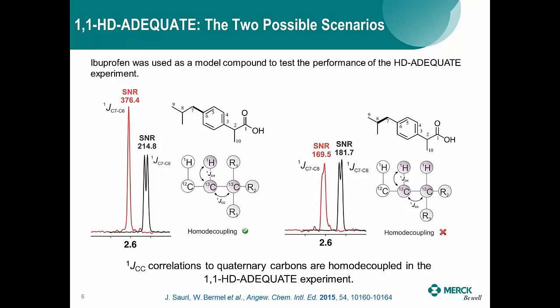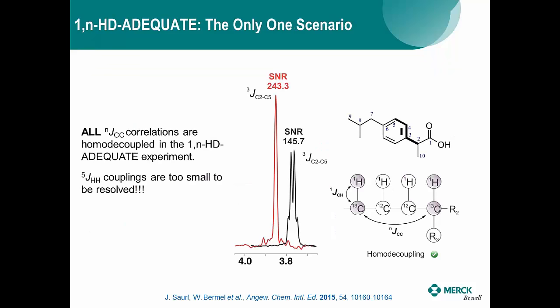If we look at the 1,n HD-ADEQUATE, so here we are going from CH to a long-range CH carbon. Now, again, we cannot remove the proton-proton coupling constant of these two protons that are attached to carbon-13. But in this case, this proton-proton coupling constant is very small because it's actually a 4-bond proton-proton coupling constant. No, 5-bond proton-proton coupling constant. So it's really small, and in practical terms, it's not resolved in the final line shape.